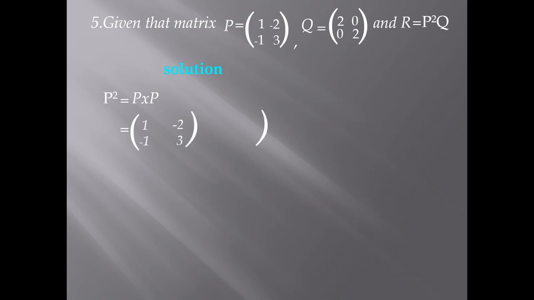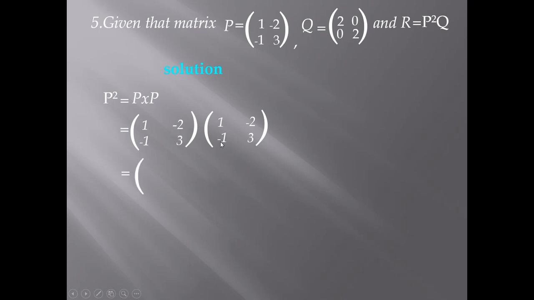So I have the matrix P times another matrix P. Now apply the same concept of row by column.